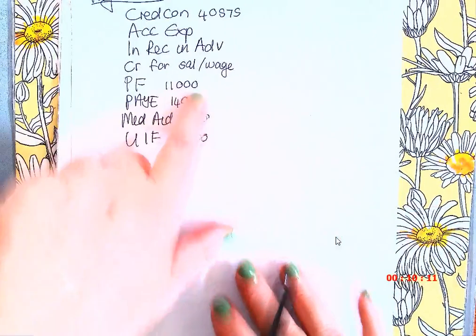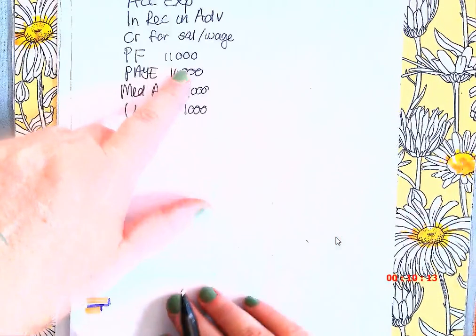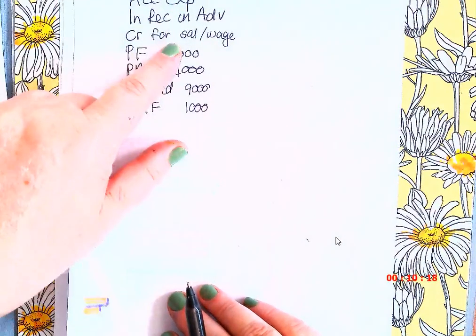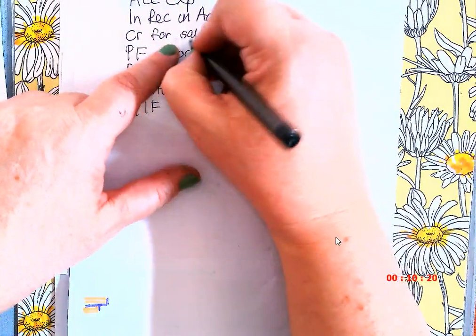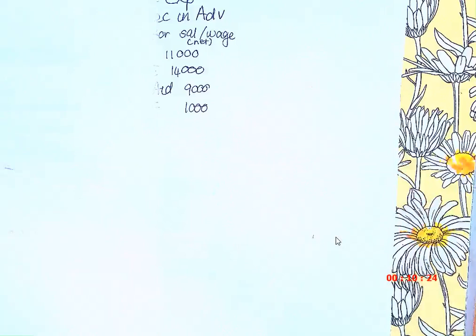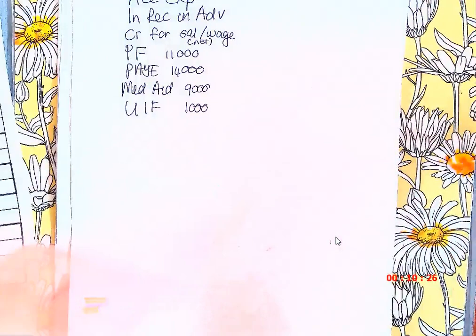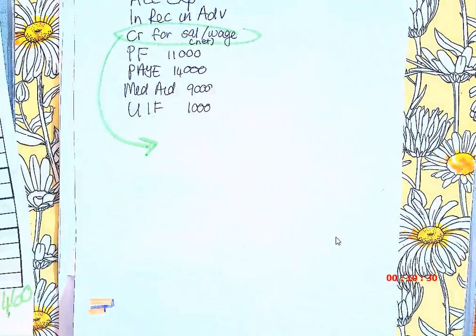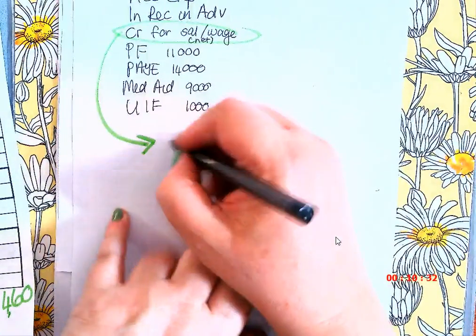I'm going to say, okay, first of all, my creditor for wage, in other words, my net. And that I will get as follows. The creditors for wage, I'm going to do it for you here. So I take my gross is 8,000.